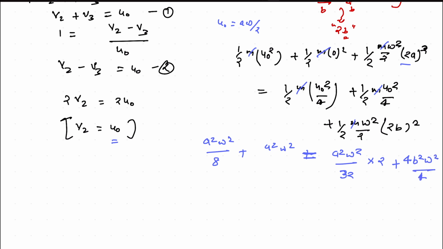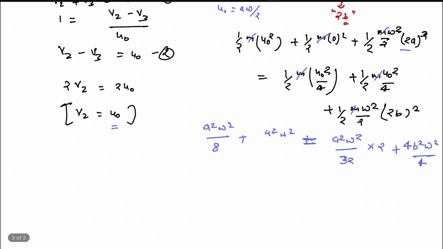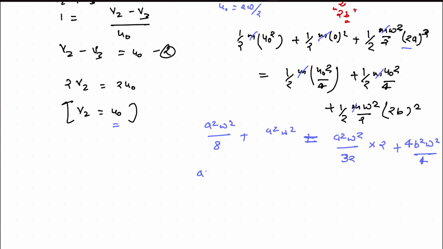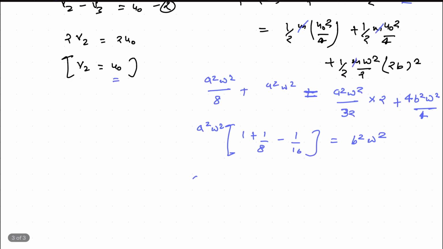So in total what we are getting is this: a square omega square, let's take it out common. Then here it is 1 plus 1 by 8 minus this value 1 by 16 is equal to b square omega square. So a square omega square by 16, and then we have 16 plus 2 minus 1 is equal to b square omega square.